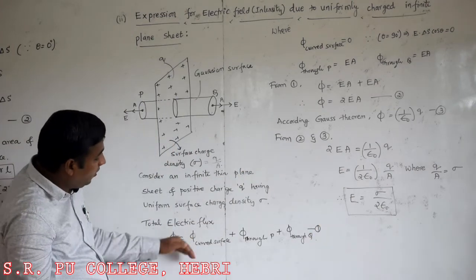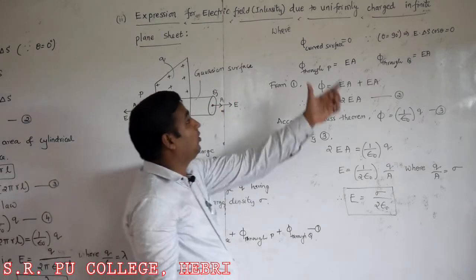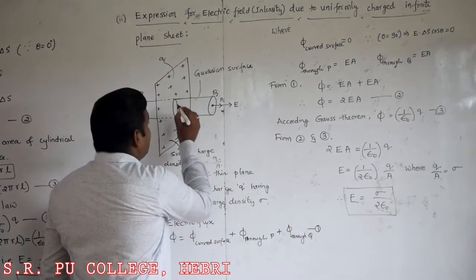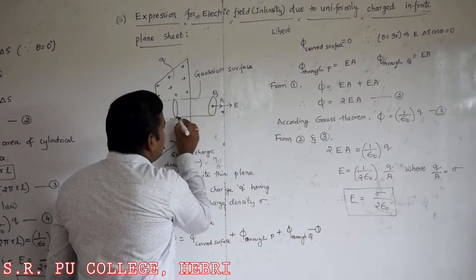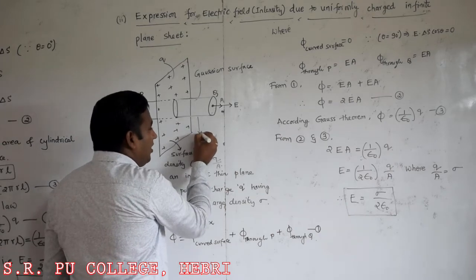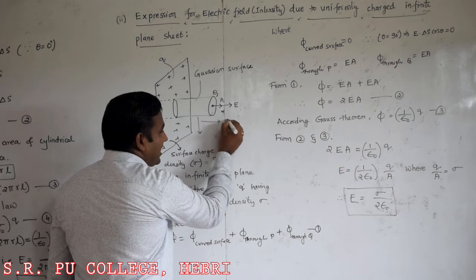We will discuss all these 3 fluxes one by one, where the flux through the curved surface is equal to 0. Here this one is the curved surface. On the curved surface, the area vector is acting normally outward, and the electric field is acting outward from the surface like this.